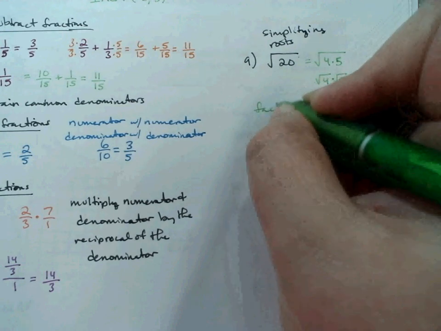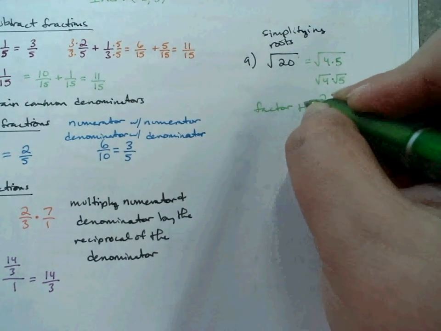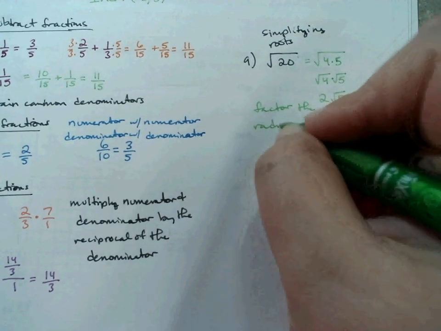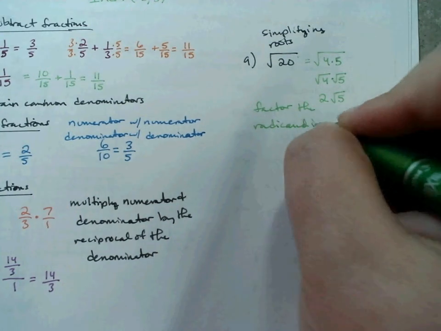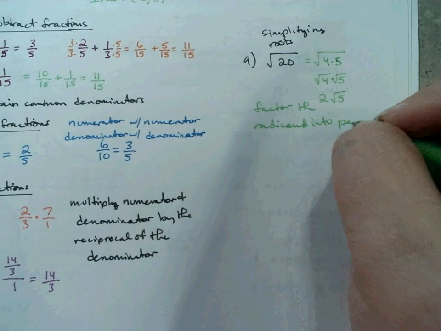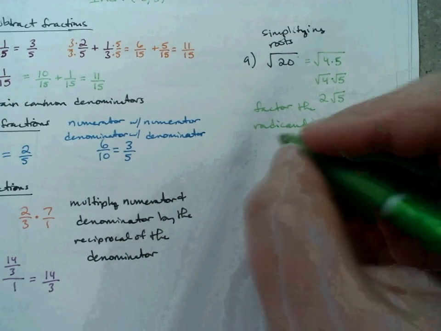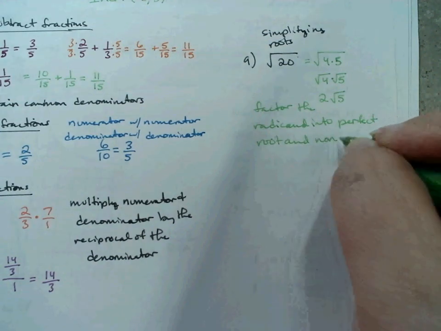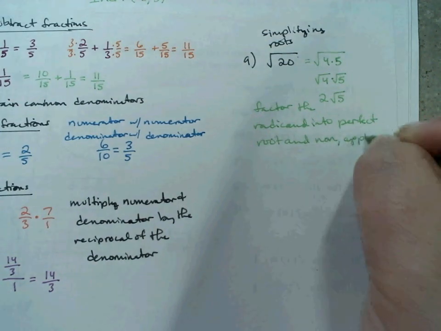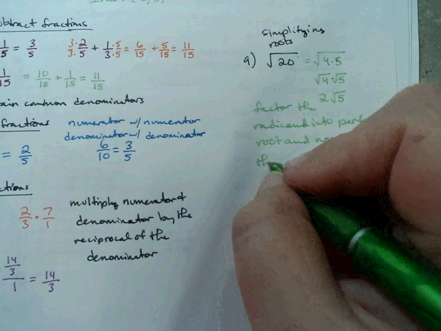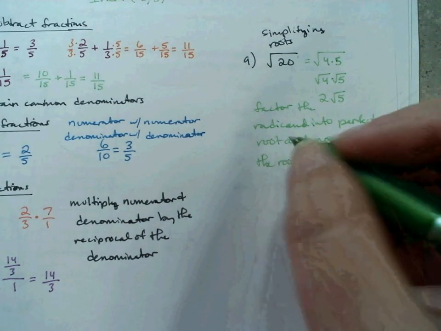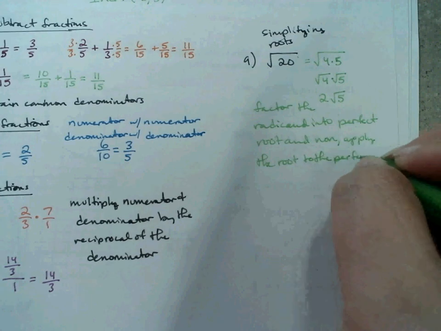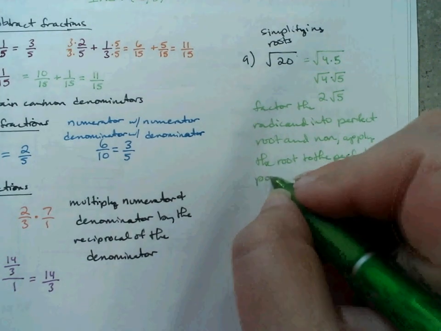So as far as the process goes, what you want to do is factor, and this is called the radicand, what's underneath. Factor the radicand into perfect root and non. Apply the root to the perfect root, or more like perfect power.